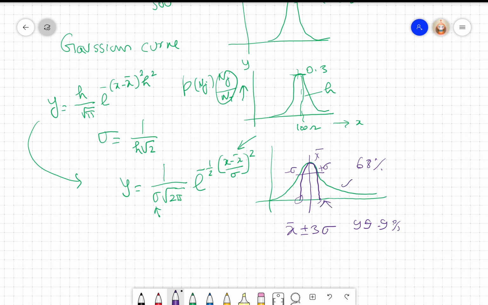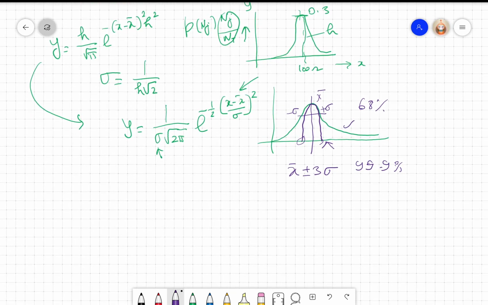The advantage of this is the moment I know x bar and sigma, I can just throw away all the readings. I can create this nice graph from the sigma and x bar values, right?